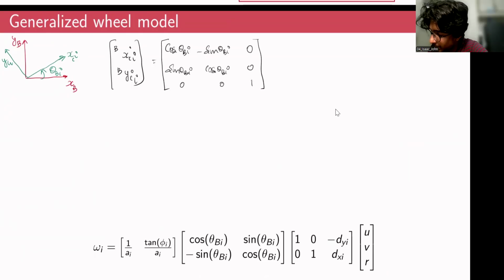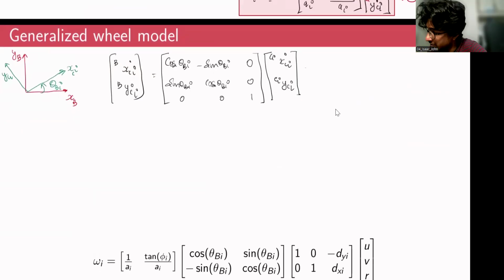This rotation matrix is multiplied by xci dot, yci dot with respect to this ci frame of reference. So where are we? We are in equation 5. I'll call this equation 6.